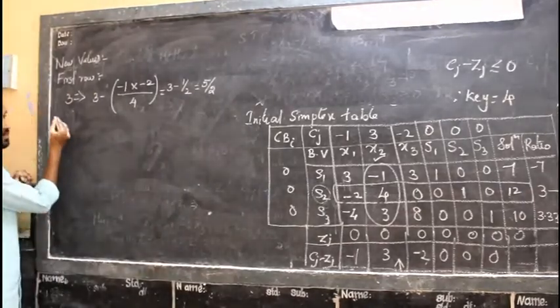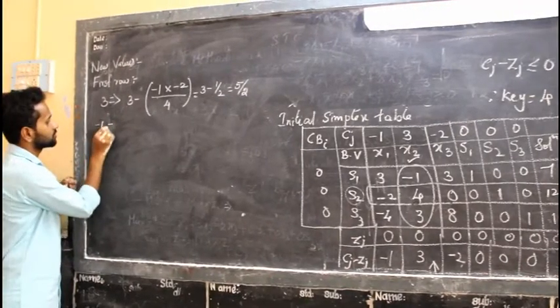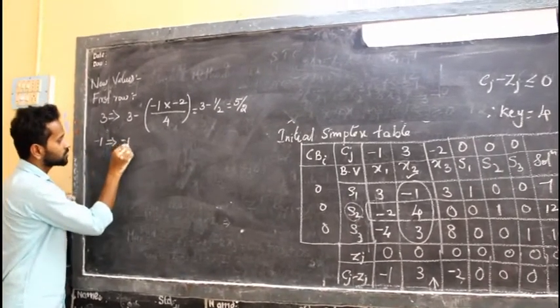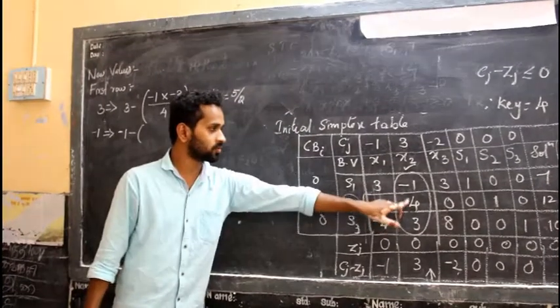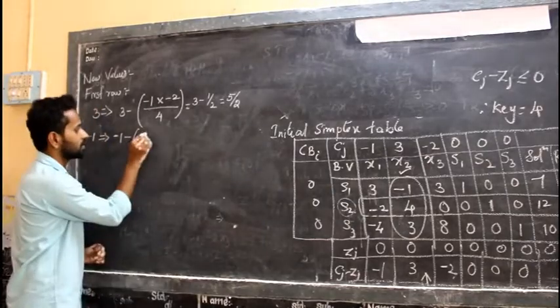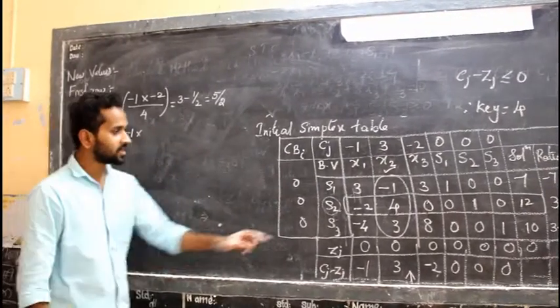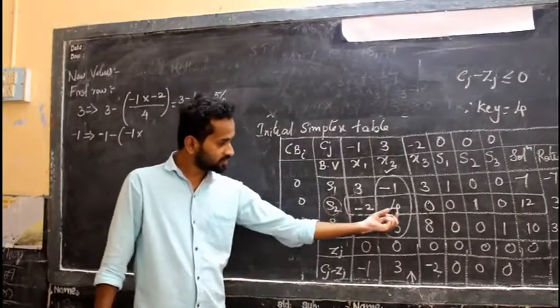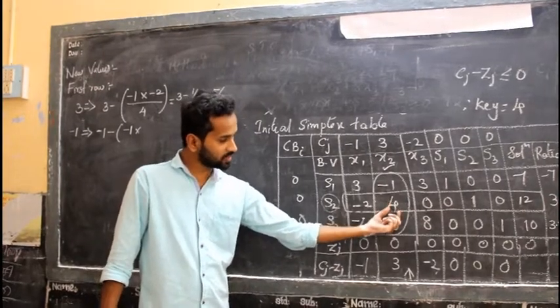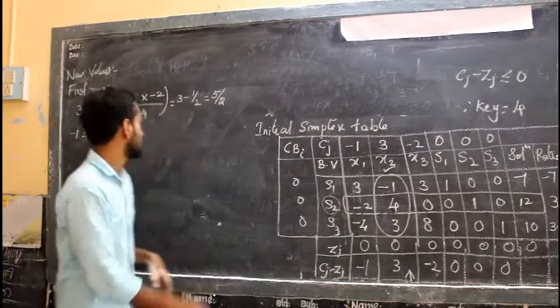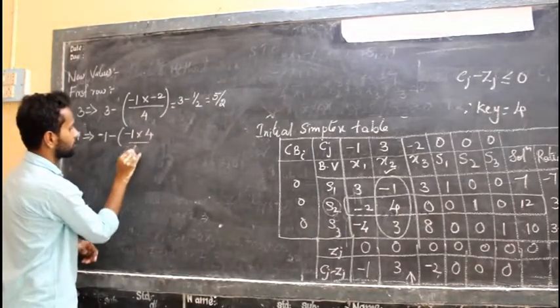So next one. Next value I am considering as minus 1. Old value is minus 1. Minus of key corresponding column value is same, minus 1 only for everywhere. Key corresponding column value is minus 1, key corresponding row value, for this 4 only will be the key corresponding row value also. We get that. This becomes 4 divided by 4.